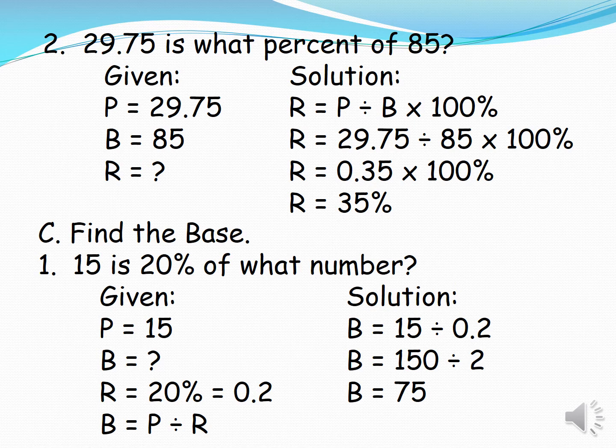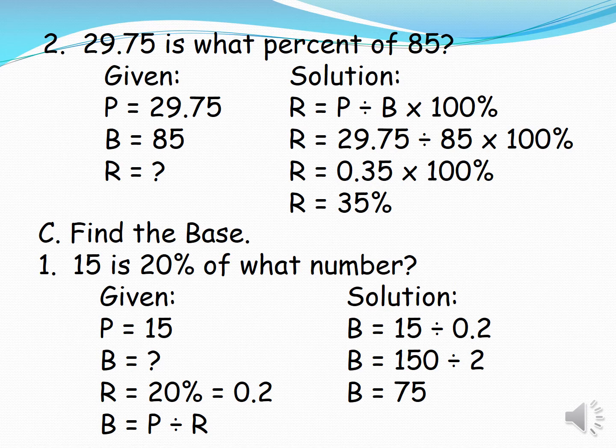Rate is equal to 29 and 75 hundredths divided by 85 times 100%. So we have 29 and 75 hundredths divided by 85 is equal to 35 hundredths, times 100% is equal to 35%. So the rate is equal to 35%.